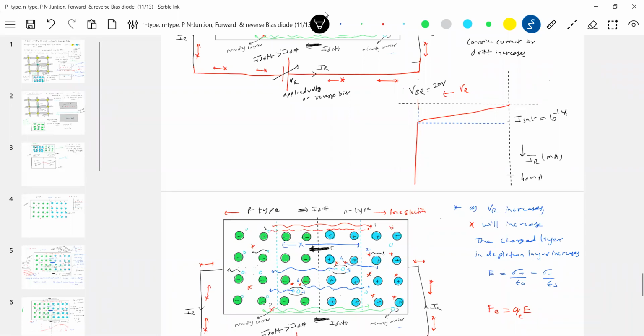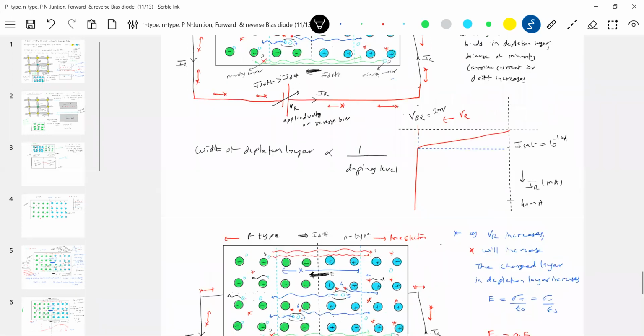Again, the doping level. So the width of the depletion layer, one more important thing: the doping level, the width of the depletion layer is inversely proportional to the doping level. So by controlling the doping level in the P and N regions, I can control the width of the depletion layer.